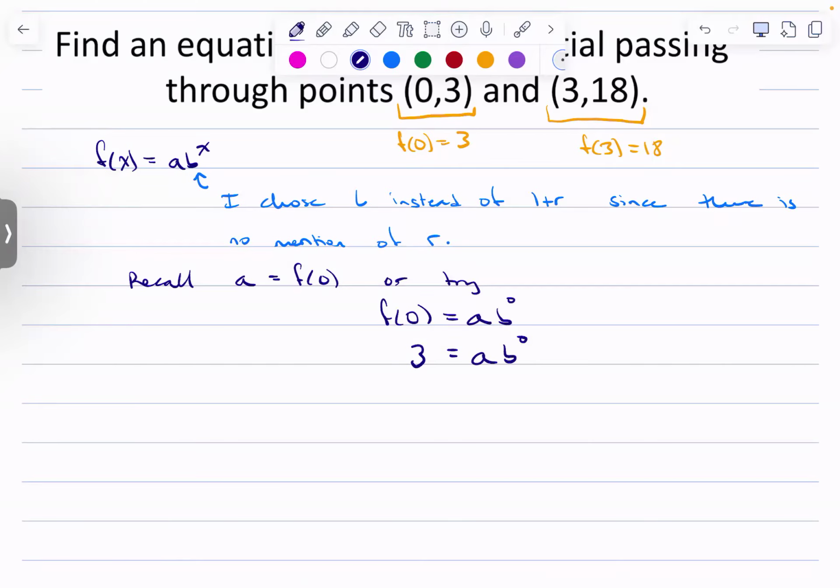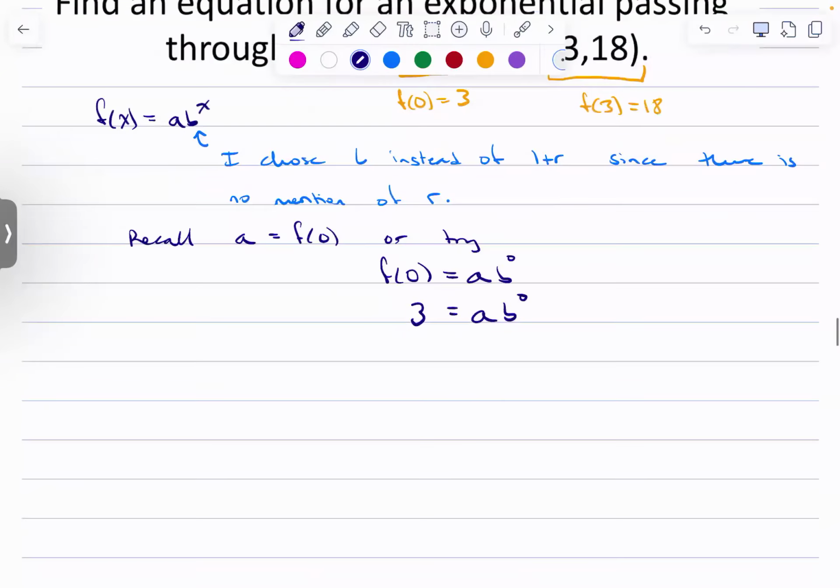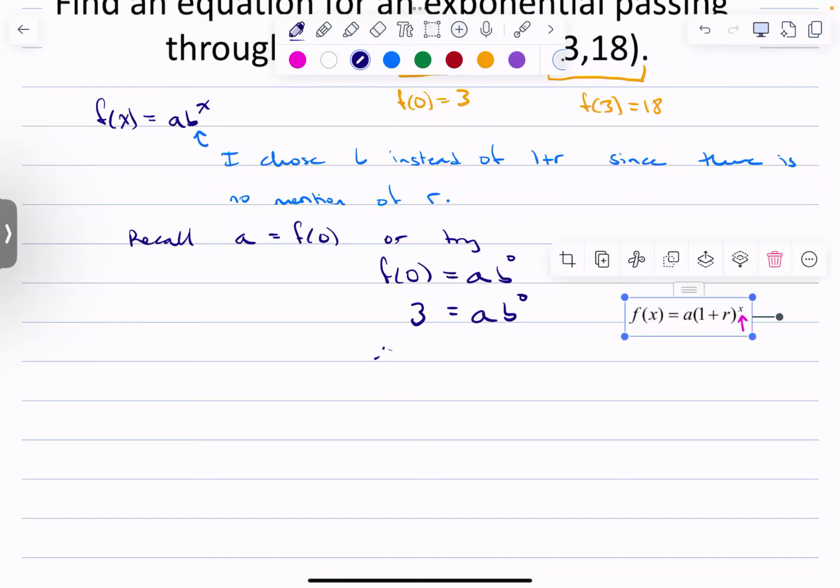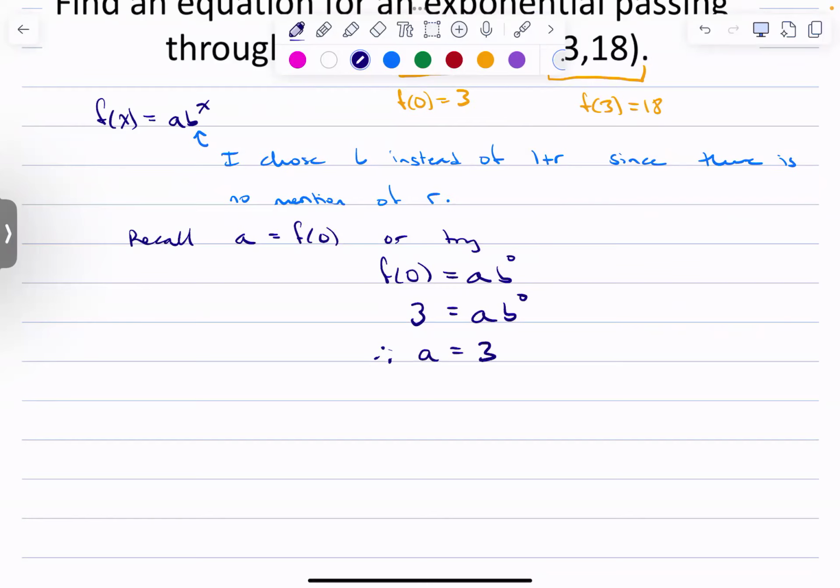Now b to the 0 is just 1. And so therefore, a must be 3. So you don't have to remember that a is f of 0, but it saves you a little bit of time, right? And you're allowed to jump that hoop.